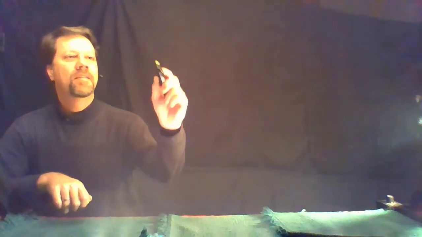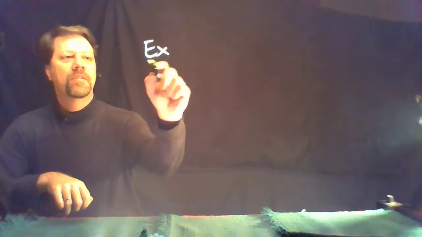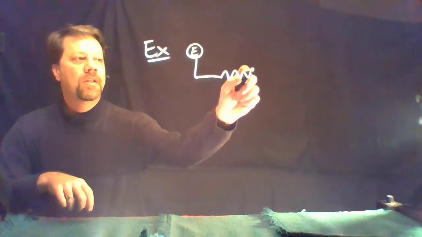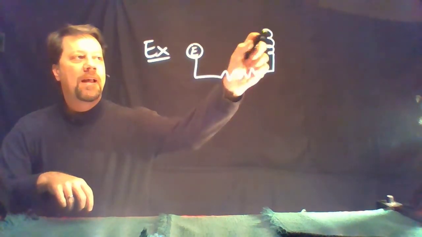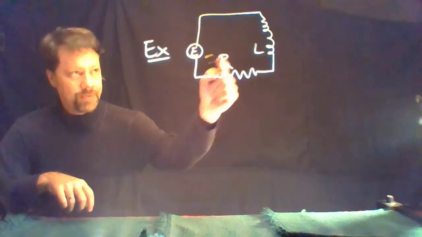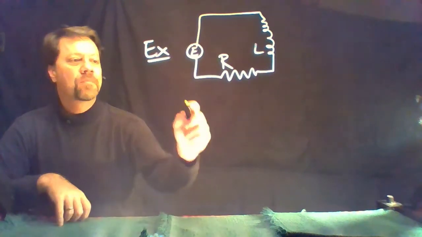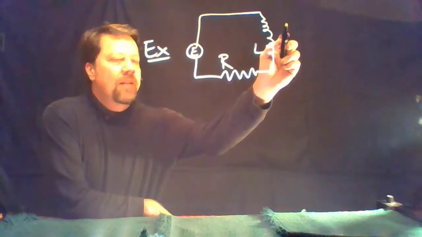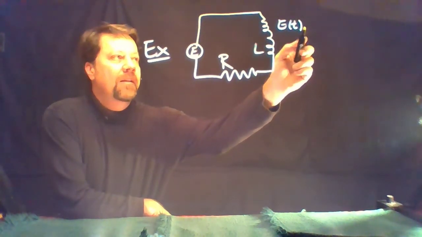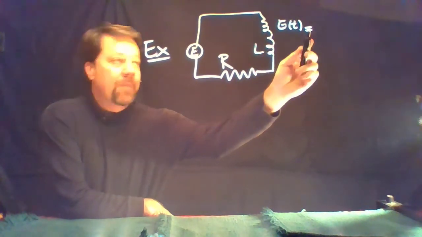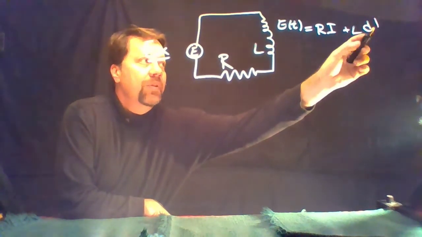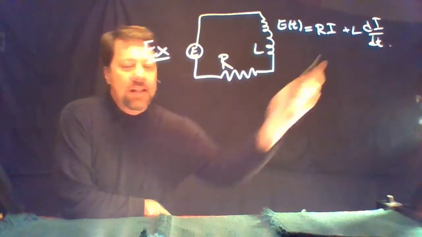I'd like to talk about an example of an LR circuit where you have some electromotive force, a resistor, and an inductor like this, a resistance R and inductance L. As we already know, the differential equation describing this gives the electromotive force as some arbitrary function, resistance times I plus L times di dt.